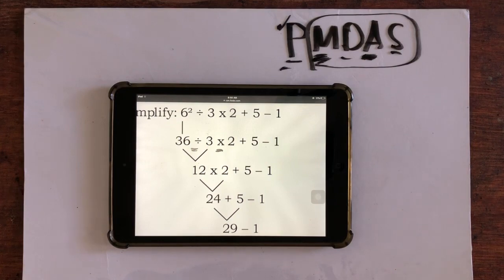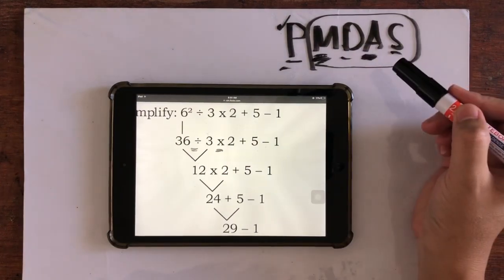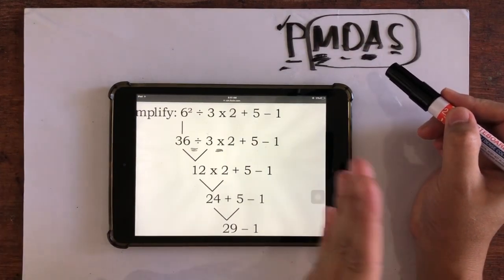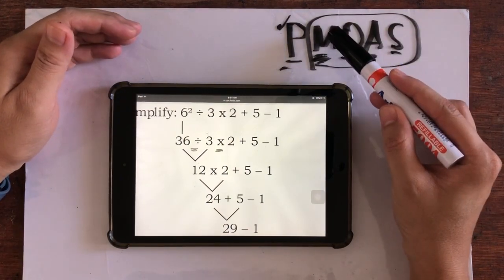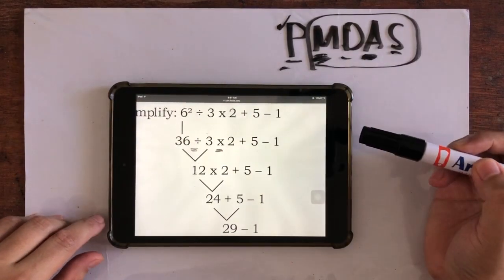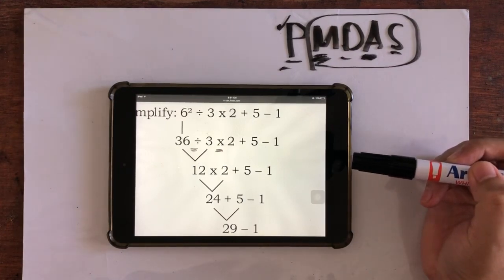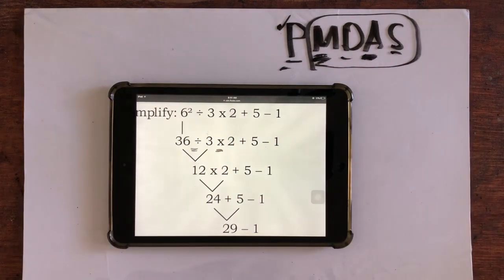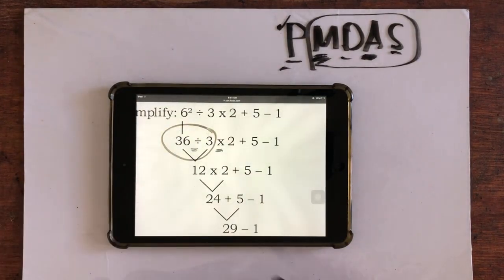Kaya ang sabi, perform multiplication and division, whichever comes first, starting from left to right. Okay? So in this case, kahit na according dun sa rule ay multiplication, division, but since in the equation, makikita natin na nauna yung division, uunahin pa rin nating i-perform yung division kesa sa multiplication. Kasi, ganito yan. Kung ito ang uunahin natin, 36 divided by 3, lalabas yung 12. Diba?